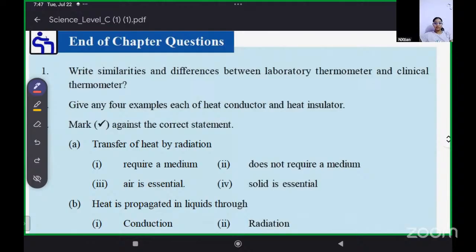Now differences. Anna, what are the differences between both? I'm still thinking. Okay. Emma, what's the difference between clinical thermometer and laboratory thermometer? Can I see?